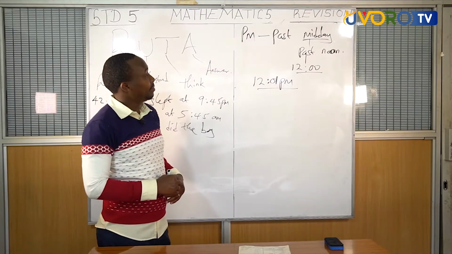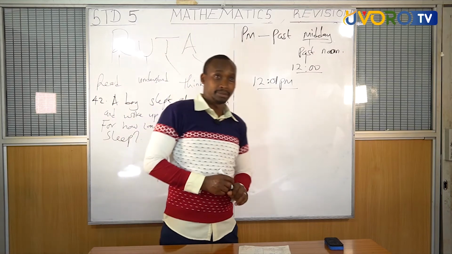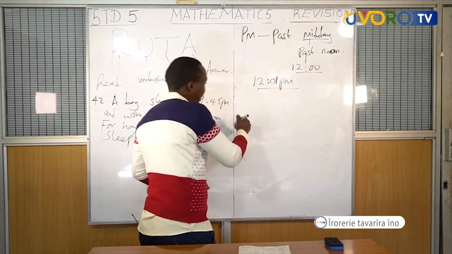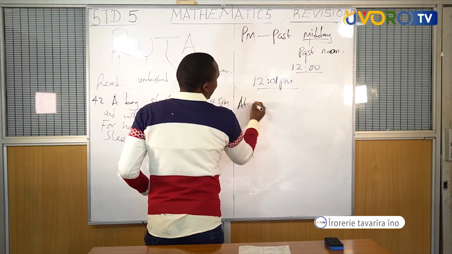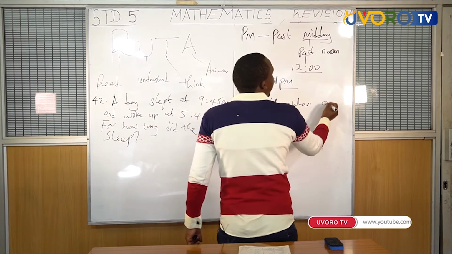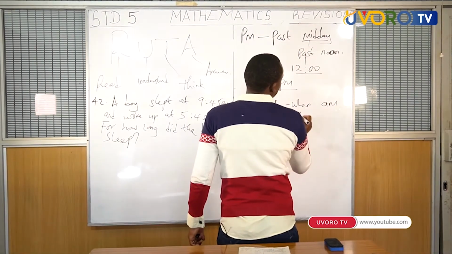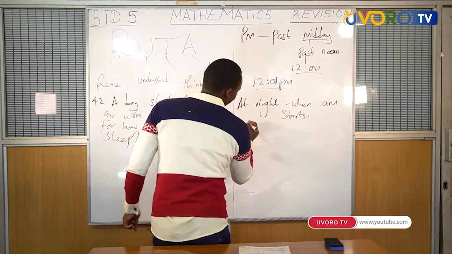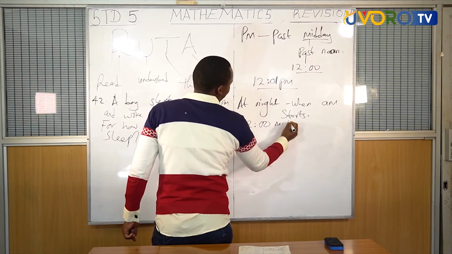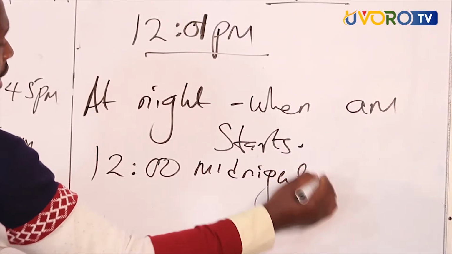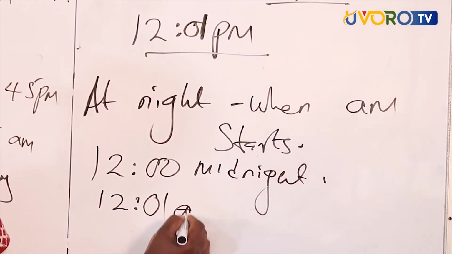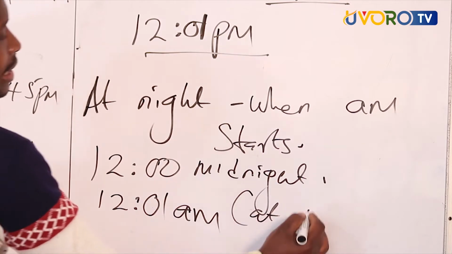Now, AM. When does AM start? It starts at night. It is not 12:00 midnight. After 12:00 midnight, we have 12:01 AM. At night.